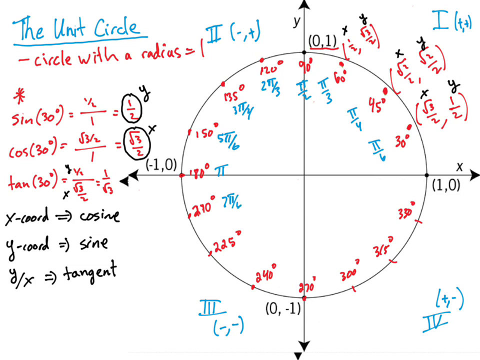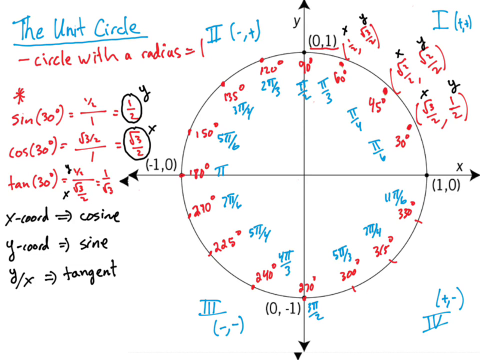This is 5 pi over 4. This is 4 pi over 3. Down at the bottom of the circle is 3 pi over 2. And then finishing up in quadrant 4, we have 5 pi over 3, 7 pi over 4, and 11 pi over 6.